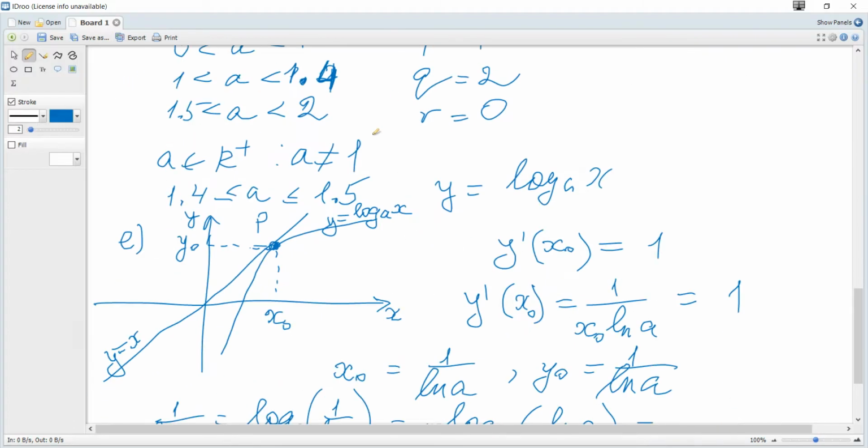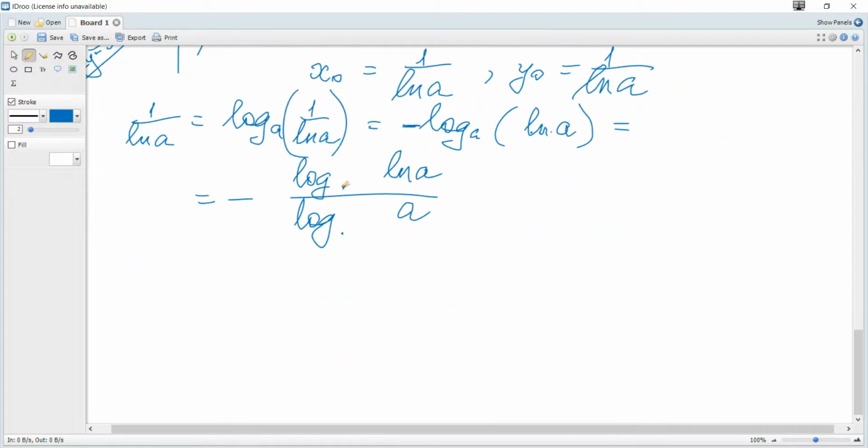Let's choose e as base here, and it becomes just minus ln of ln a divided by ln a.